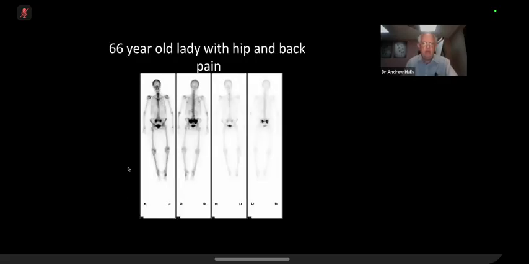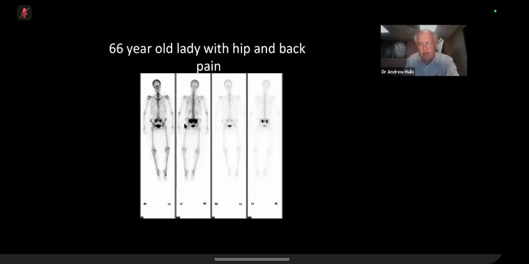Let's see if I move that out of the way. Now, I need to rush on a little bit, but this is a 66-year-old lady with hip and back pain. This is quite a common thing we find. And I'll just tell you what this is because of lack of time. But basically, we've got increased uptake in the sacrum.